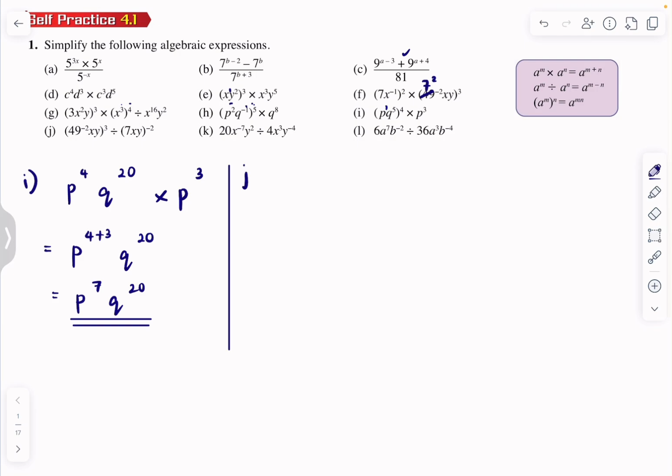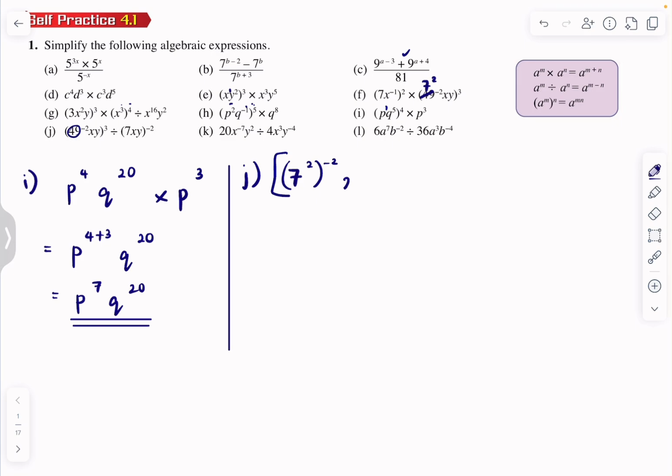Then we have J. So same thing, 49 to the negative 2, to the power 3. So 49 to the negative 2 is 7 squared to the negative 2, to the power 3. Okay, maybe let's not make it too complicated. I keep it easy. So I just changed the 49 to 7 squared.